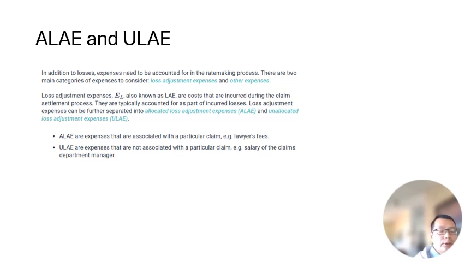Because the manager is in charge of the whole department, you cannot separate the expense between this claim and that claim. That's why it's ULAE. ULAE are expenses that are not associated with a particular claim. Just like the salary of the department manager, it cannot be associated with a specific claim.